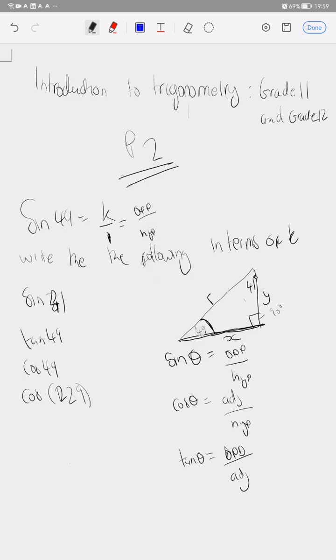So I come to my triangle. I know my opposite is equal to k, so the opposite of 49, I'll substitute it with k. I have the hypotenuse as 1.